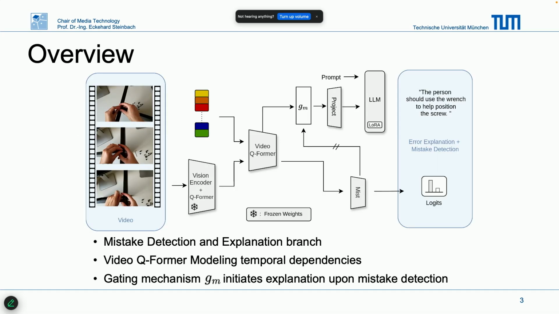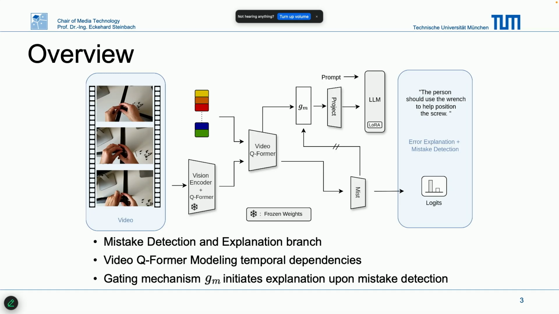Here you can see the overall overview of our approach. On the left-hand side, you can see that we expect a continuous RGB video stream as an input. Then we process the individual frames with a vision transformer and jointly consider a Q-former in order to extract the spatial relations within a frame, similar to the BLIP2 architecture.